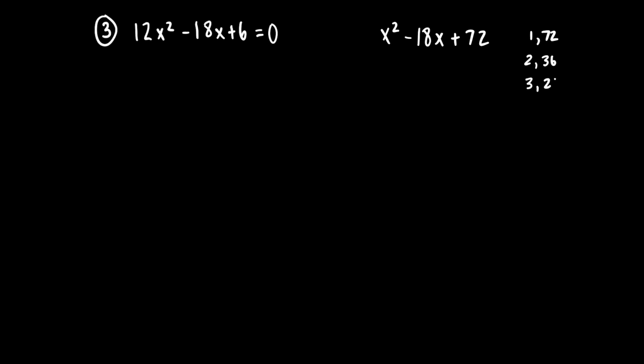It does. 3 and 24, 4 and 18. 5, no. 6 and 12. 7, no. 8 and 9. 9, I already got 9. 10, no. 11, no. 12, I already got 12. 13, no. 14, no. 15, nope. 16? No, 16 doesn't go into 72.